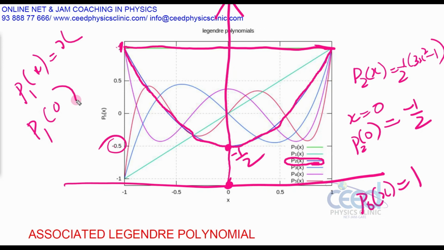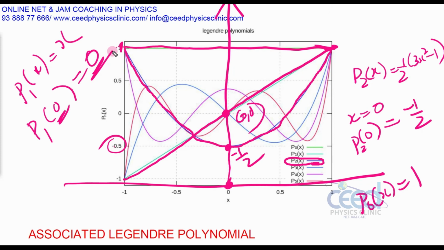P1 of 0 is 0, right. So it is the graph touching the origin. When x is equal to 0, this function is also 0. So it is a straight line like this. Similarly, based on the graphical nature, you can represent any Legendre polynomial on the graph.